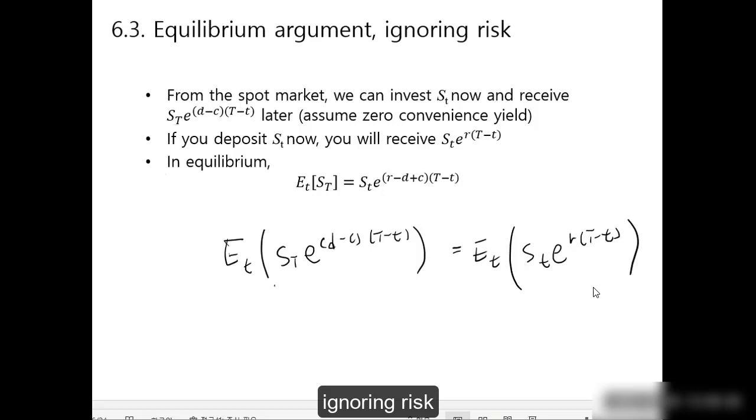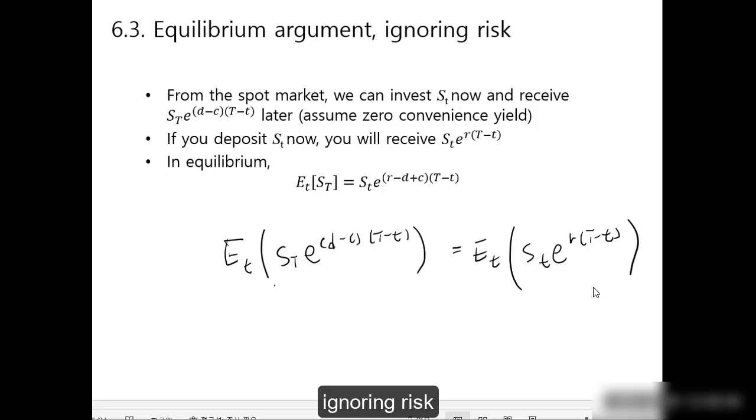You will say the expected value of one should be identical to the expected value of the other. However, there's no uncertain term here. So we can ignore the expectation operator here and move everything to the right-hand side and say in equilibrium, the expected value of the spot price must be something like this. So that's one thing you can say.